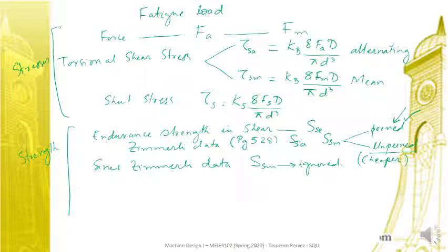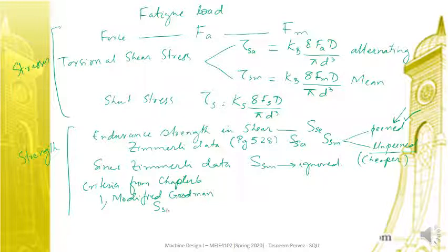The other is that now you go and you say, okay, I'm going to use the criteria from chapter 6. So for example, if I use the modified Goodman criteria, then what equation do I have? The modified Goodman criteria, it has the equation. I am going to write it in the shear form.